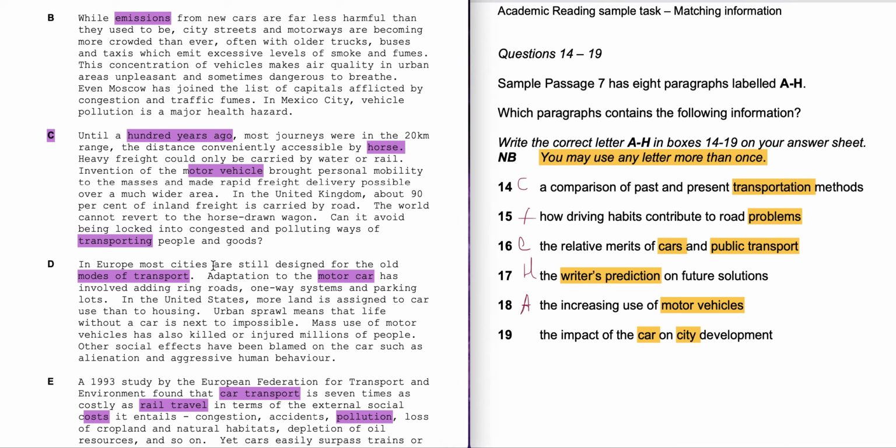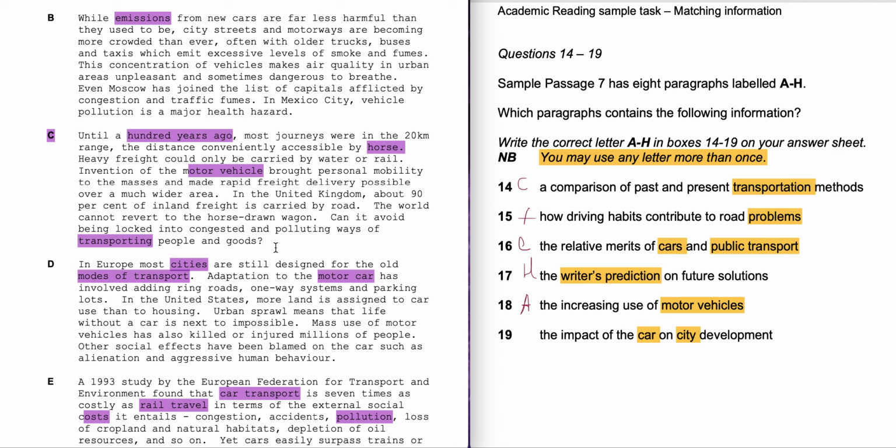They were saying about cities. So adaptation to the motor car has involved adding ring roads, one-way systems, and parking lots. So the impact of the car on city development.